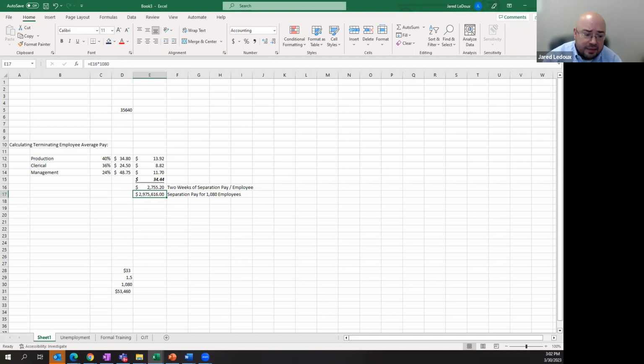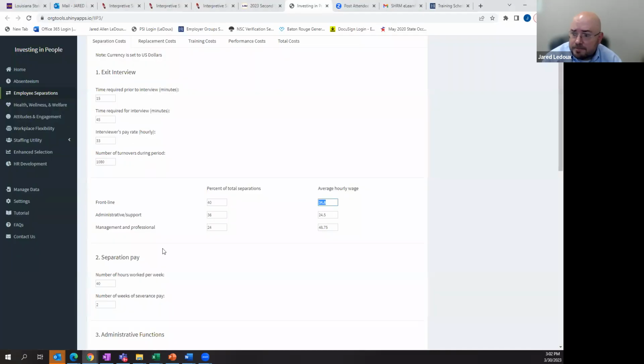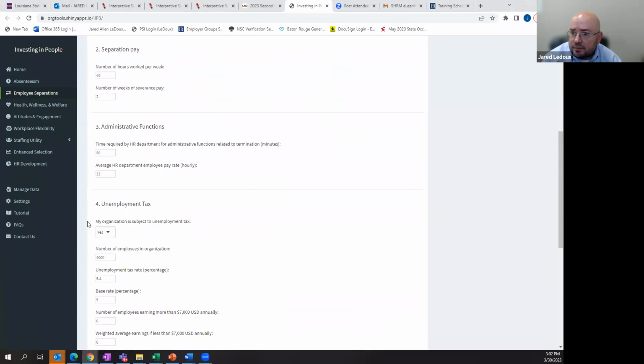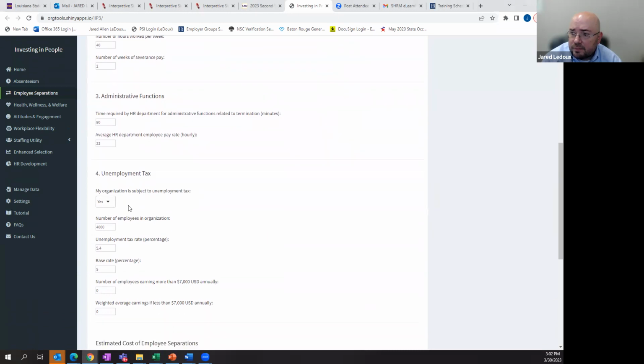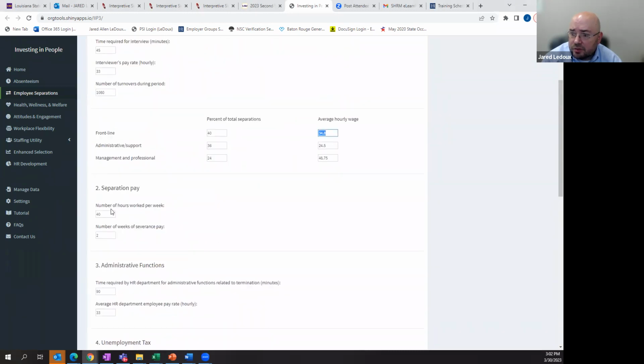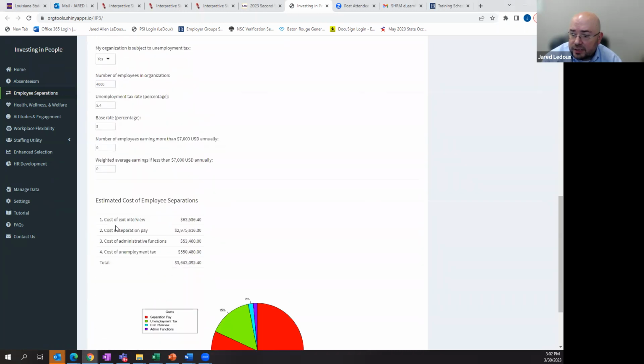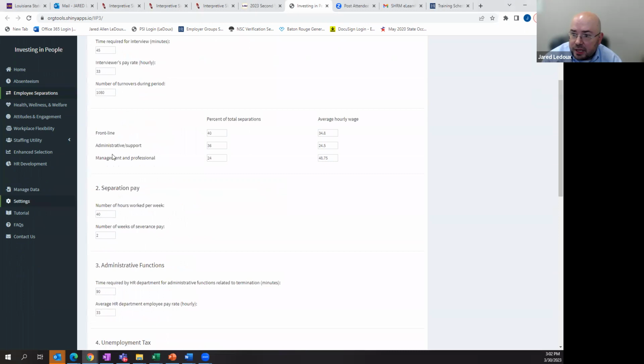So if I go back to our exercise here, you can see the total separation pay, where they ask you for a number of hours per week and 2 total weeks. That number matches about 2.9 million in separation. So I know that my numbers are correct.